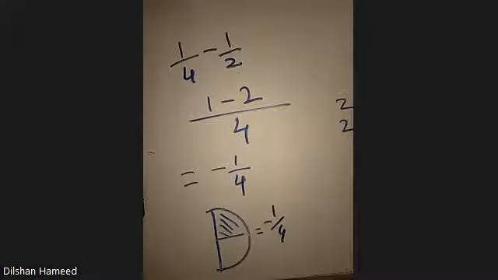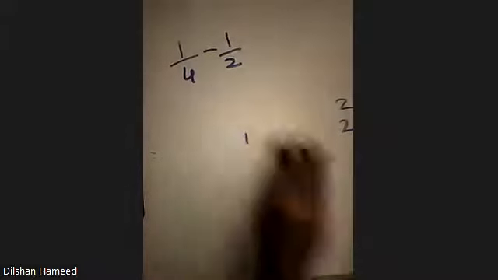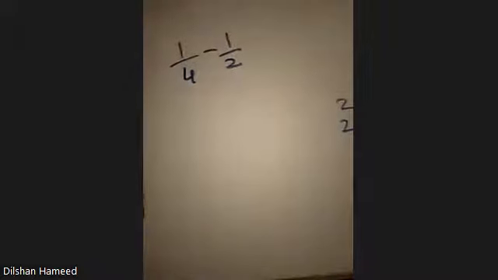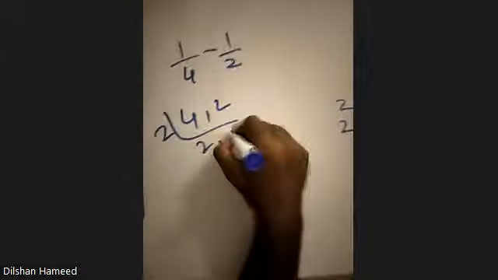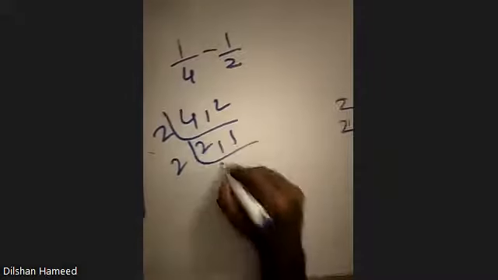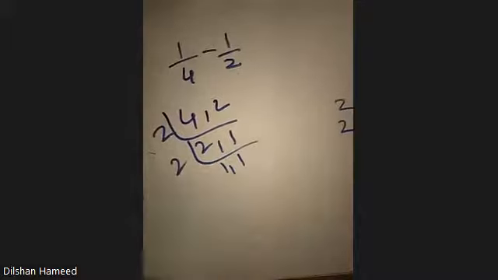Okay. Again, I will show you this example. Now 1 upon 4 and 1 upon 2, you find the LCM. So you find the LCM, 2 2s are 4, 2 1s are 2. Again, 2 2s are 4, 2 1s are 2, and you got the answer. So LCM is how much? 2 into 2, it is 4.